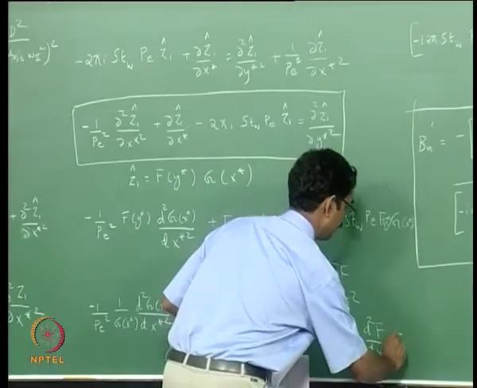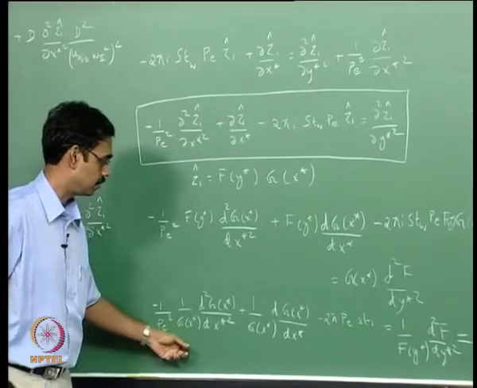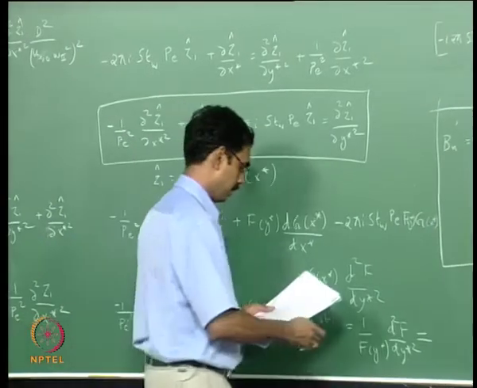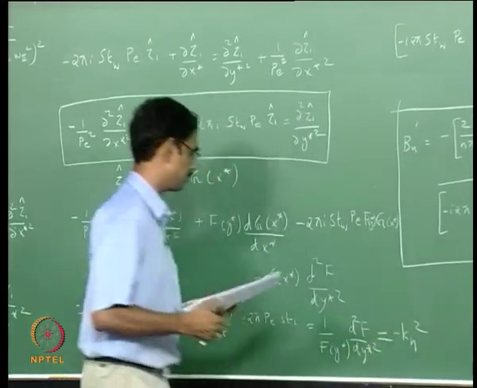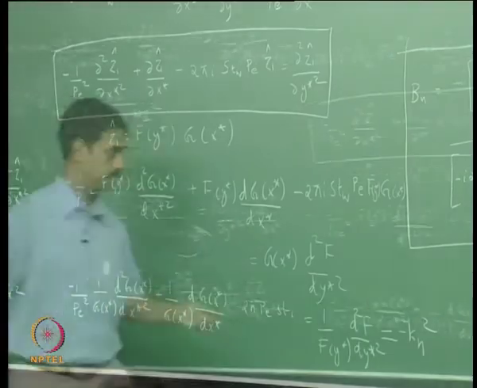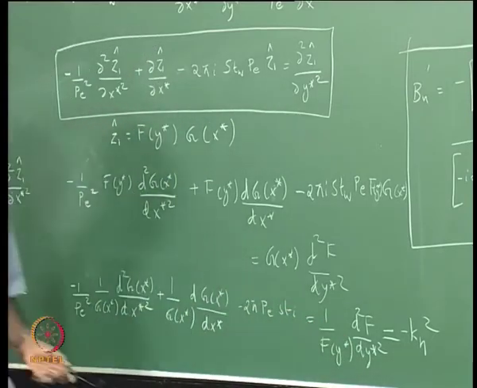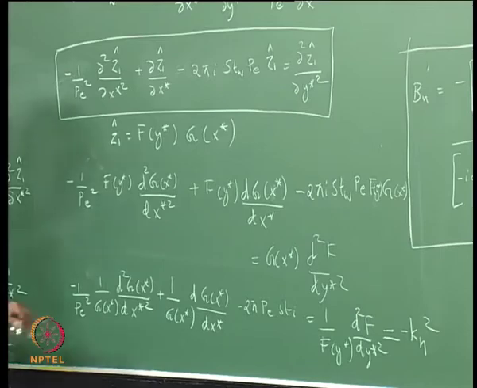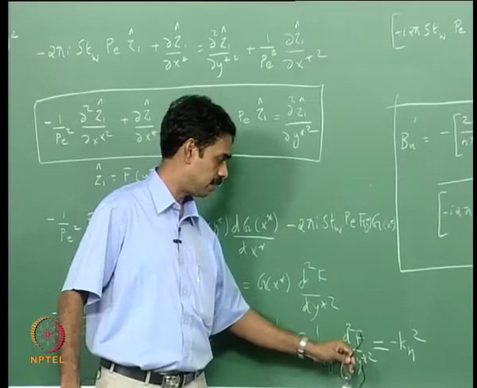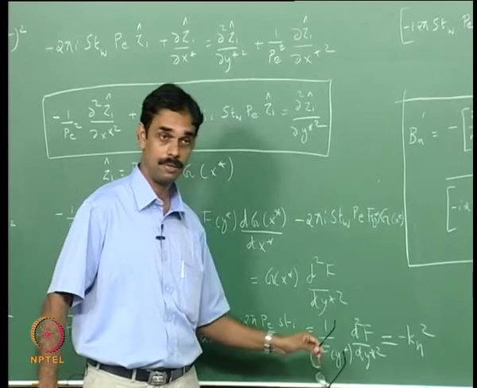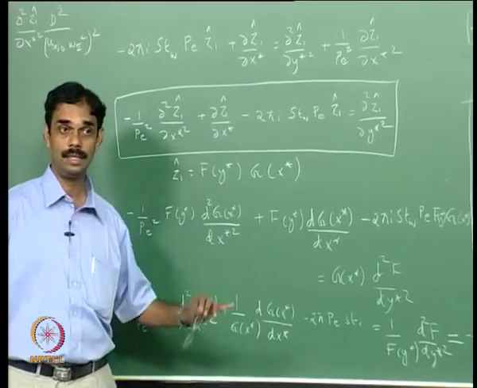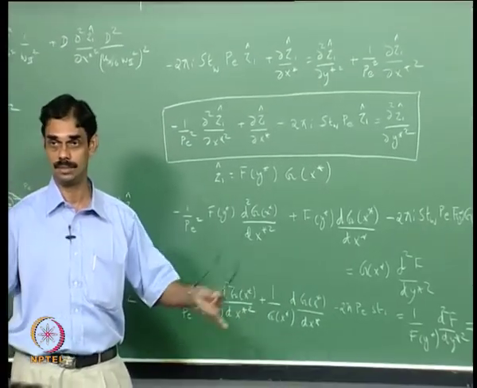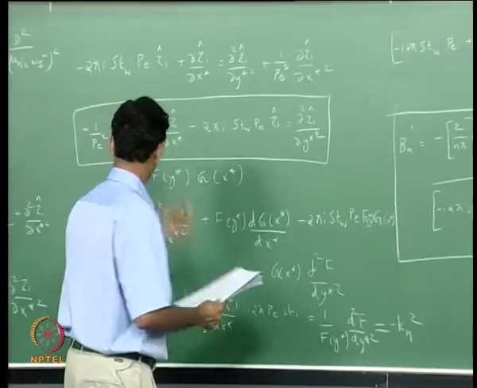And now we have a function of x equal to function of y, so they must be equal to a constant minus kn squared. Minus is just for convenience, you can do this without the minus also, there should not be any problem. So we have two differential equations, one is of this form d squared f by dy squared plus kn squared f equal to 0, and that would give sine and cos, and then the other one would give e power some beta x or something like that. So let us work it out.